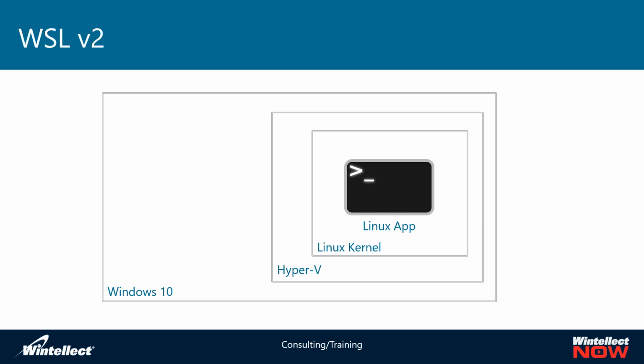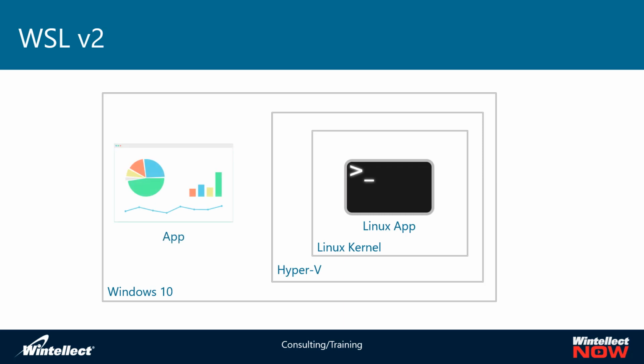Now, because this is a full-blown VM and you have Hyper-V, you still have to provide some kind of way of crossing that boundary between the VM and the host operating system. And this is where the WSL compatibility and integration really shines, because rather than try to build that compatibility layer, they focused on how do I get the integration between these working very well.